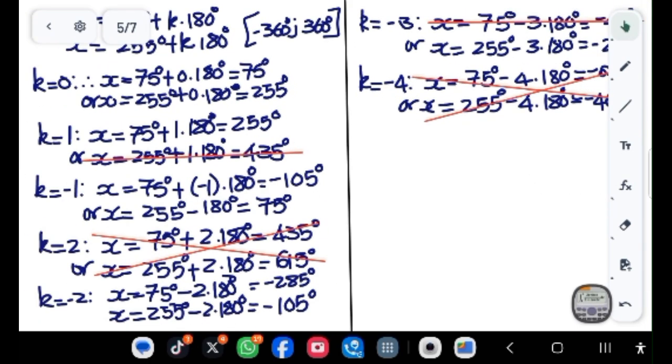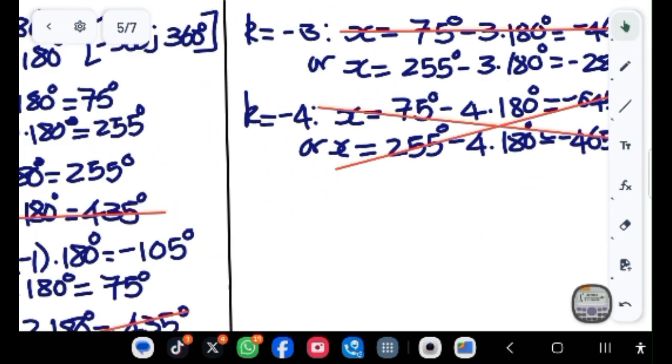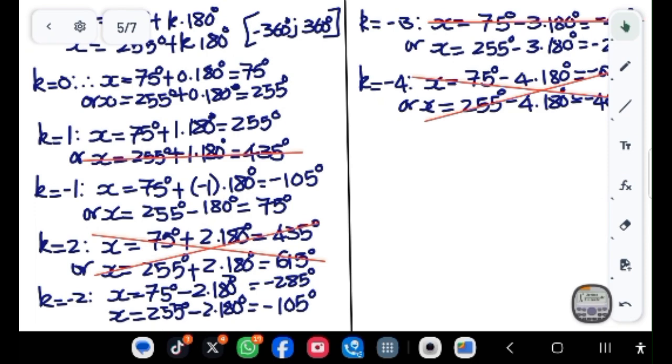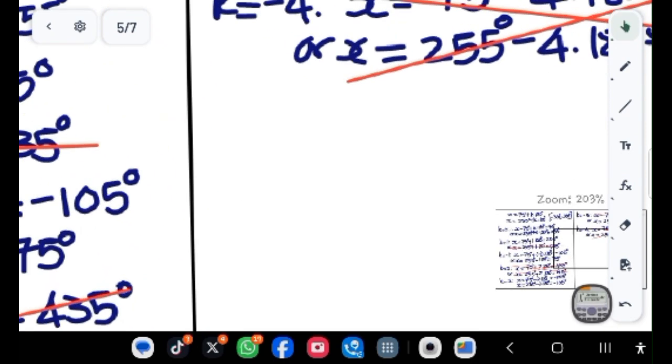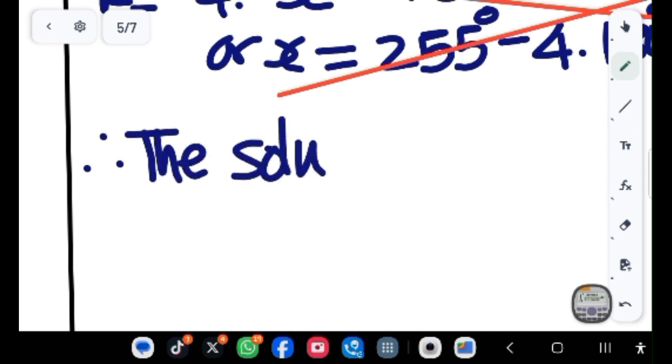So what you do is you order them in ascending order. You start from the smallest one. The smallest is -285. Some of them are repeated, so you don't repeat them, you just choose one.